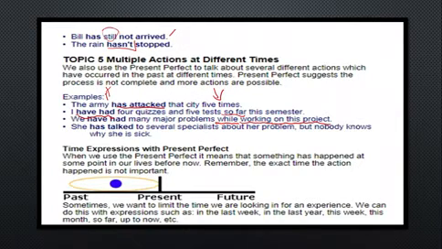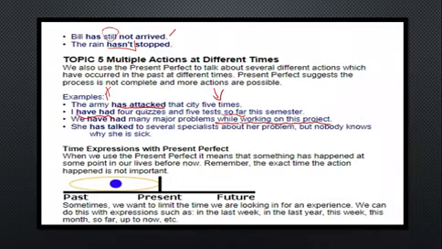She has talked to several specialists about her problem, but nobody knows why she's sick. Ella ha hablado con muchos especialistas acerca de su problema, pero ninguno sabe por qué está enferma.